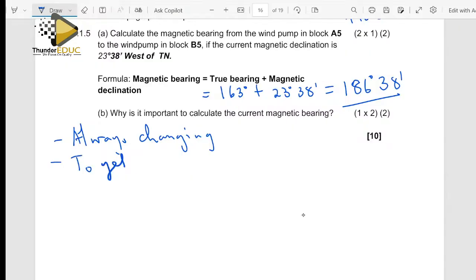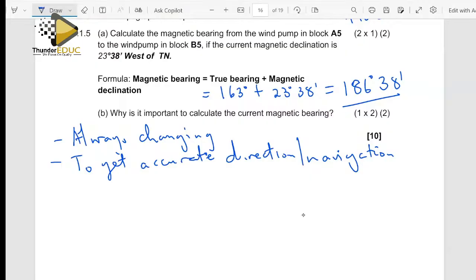direction. So to get accurate direction, or we can say accurate navigation, it's stemming from the fact that it's always changing, and therefore, if we don't calculate the current, it means we might fail to navigate effectively.